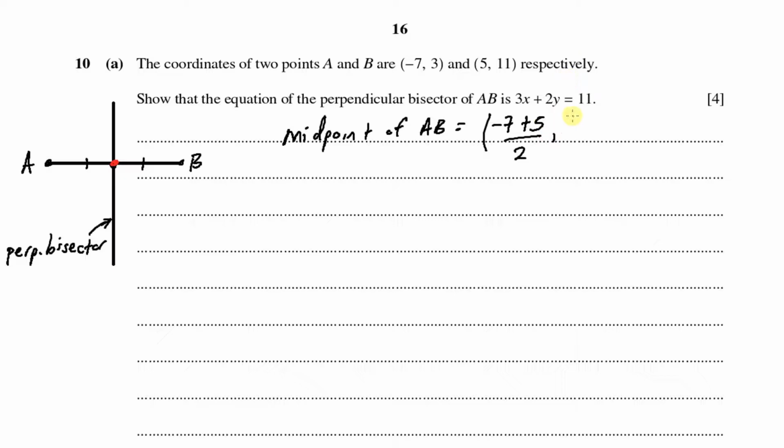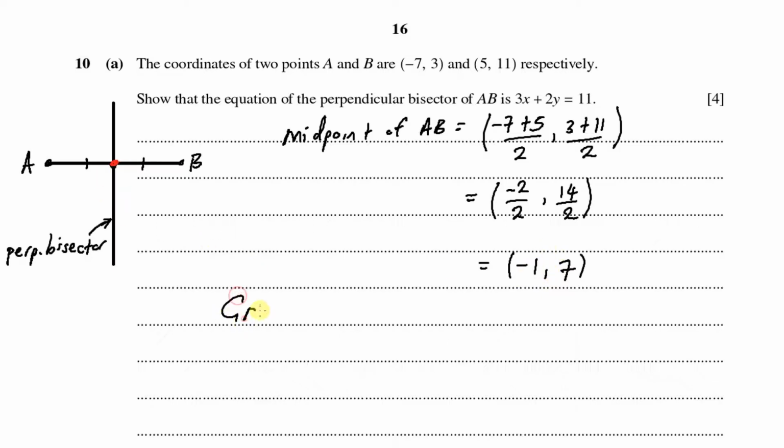Then the sum of the y coordinates, that's 3 and 11, and divide that by 2. So this is going to give me -7 plus 5 is -2, so that's over 2. And 3 plus 11 is 14, and that's divided by 2. So -2 over 2 is -1, and 14 over 2 is 7. So these are the coordinates of the midpoint.